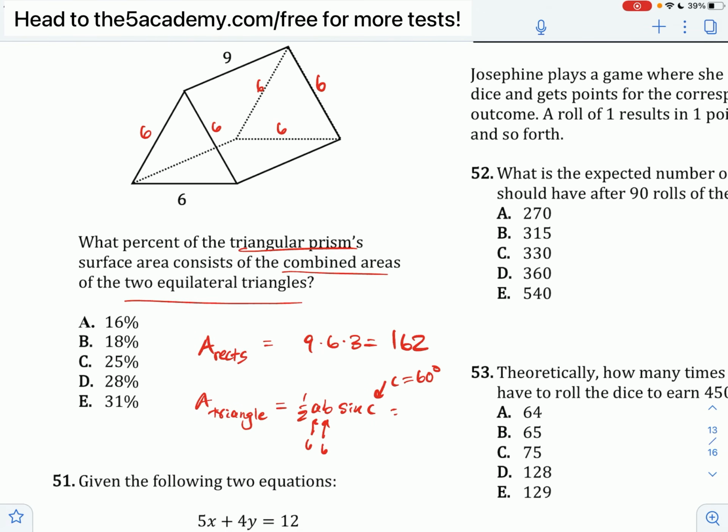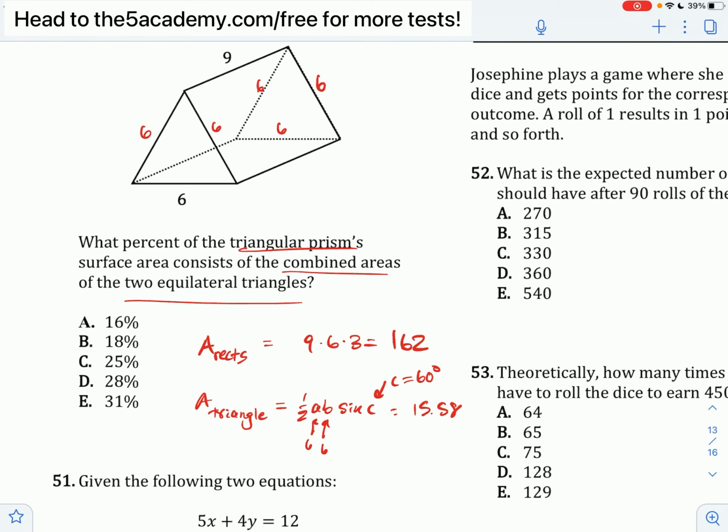Let me do it on my calculator: 0.5 times 6 times sine of 60. I think that's in radians, so let me do that again: 0.5 times 6 times sine of pi divided by 3. Let's see what this gives me. This gives me 15.58.